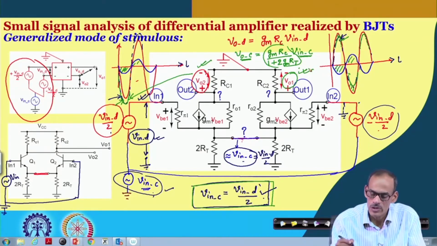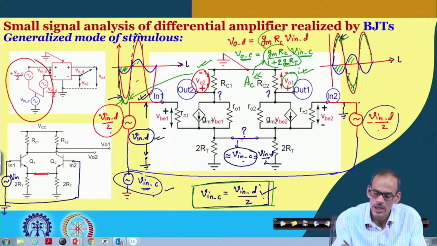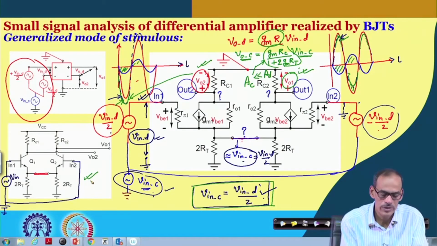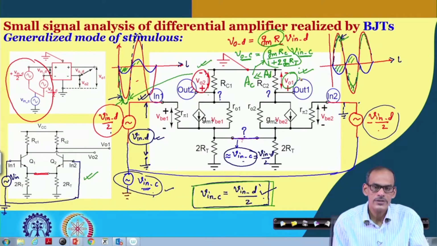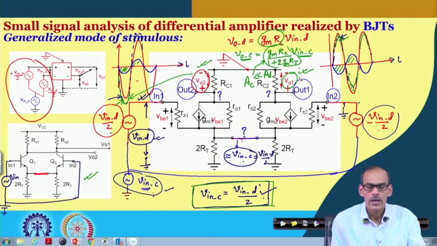So, based on the logic, if the common mode gain AC is very small compared to AD, then even if we stimulate the circuit in this pseudo differential form, the corresponding outputs are very close to differential operation, and that is why it is referred to as pseudo differential mode of operation, right.